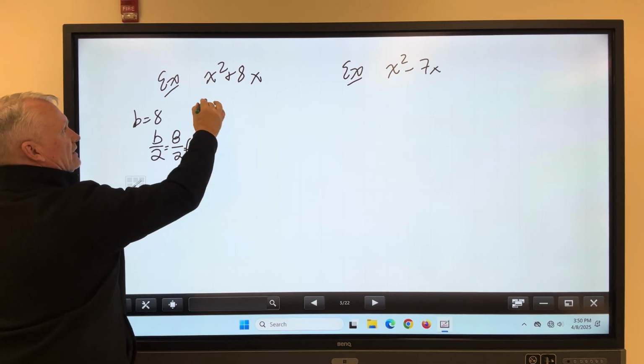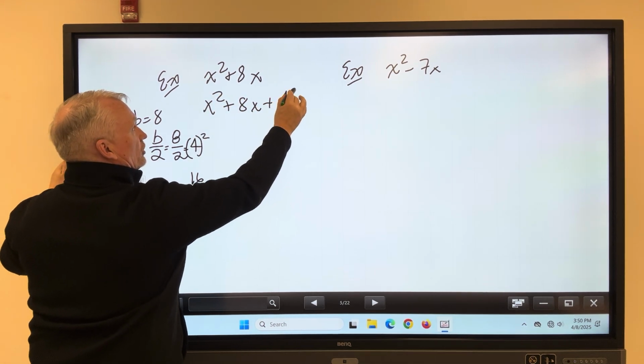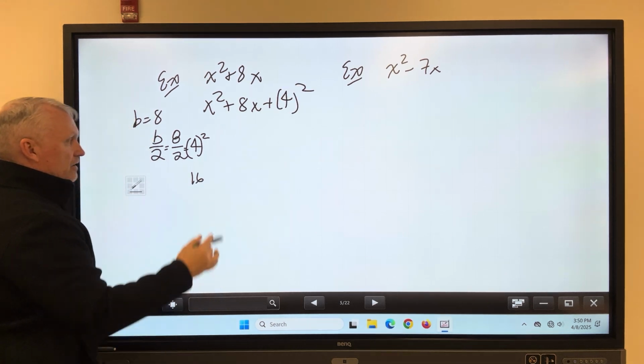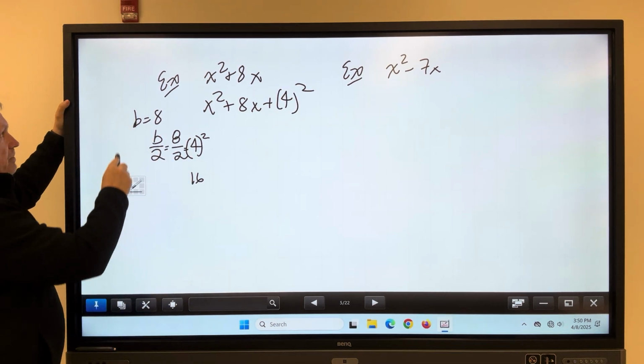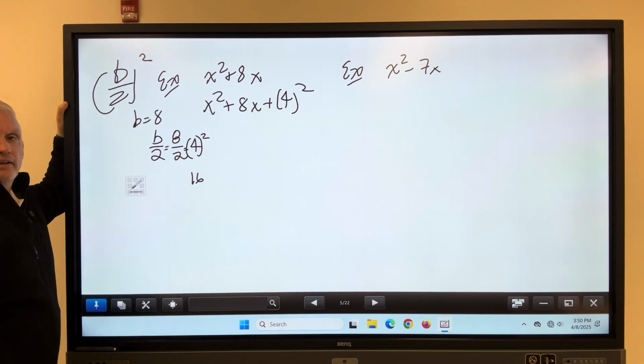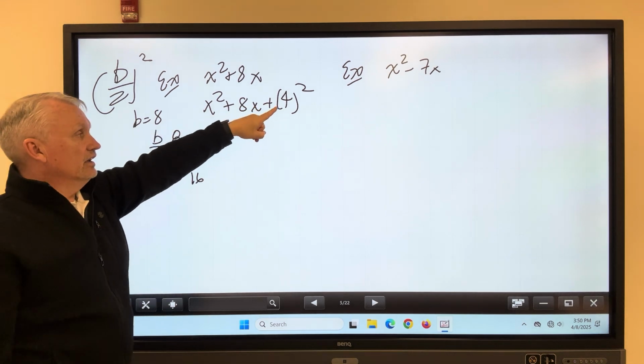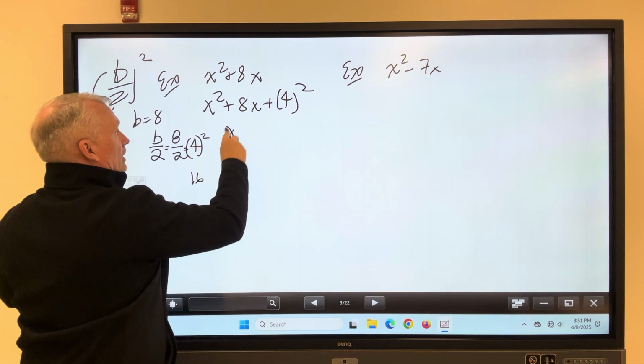Remember, I squared, so I got x squared plus 8x plus 4 squared, because remember, I'm looking at b over 2 squared. That's what I was looking for. Well, this is good, because I already told you that's 16, right?